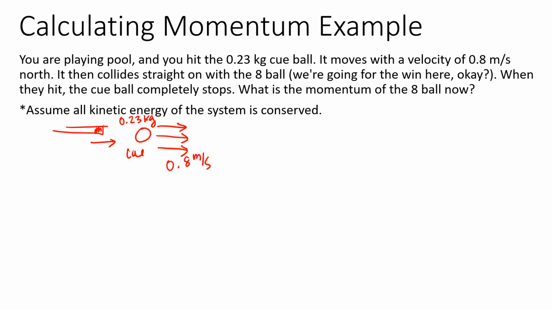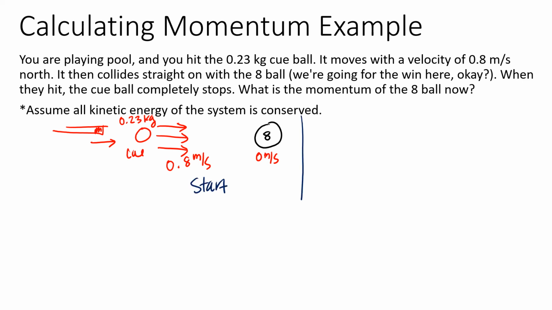Now over here we have our 8 ball. Currently our 8 ball is stopped, at 0 meters per second. This cue ball is going to collide and hit the 8 ball. So here's our starting picture.